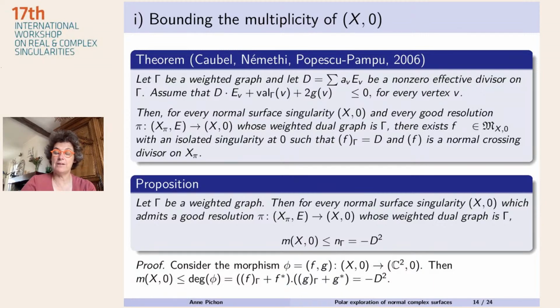So by taking a divisor which is even bigger, and if you add plus 2 to the definition of D, what you are able to find is not only one function, but 2 functions F and G, which realize this divisor, such that F gamma and G gamma will be equal to D, and such that the 2 strict transforms of F and G do not intersect.